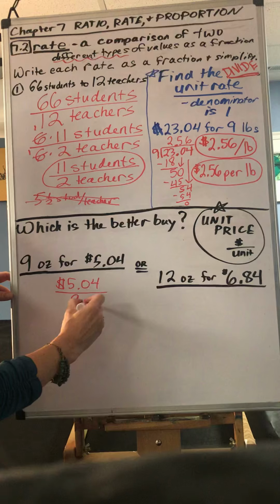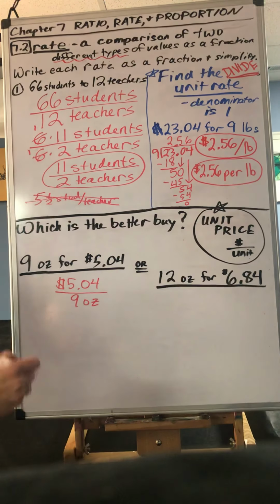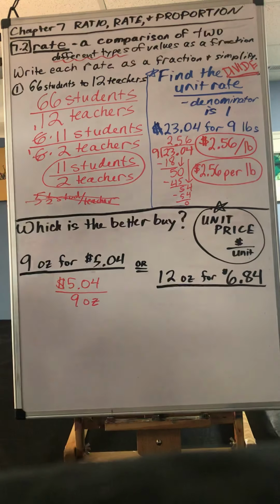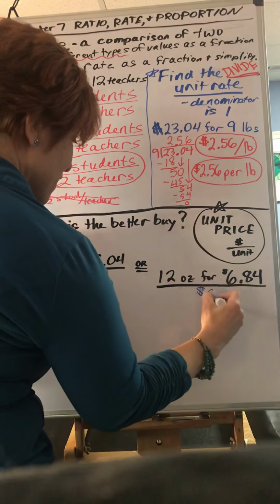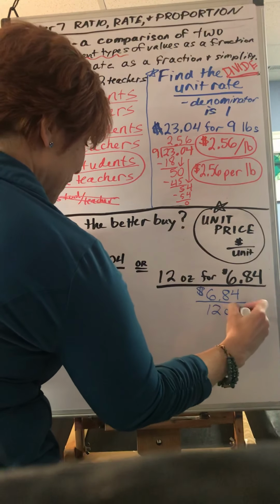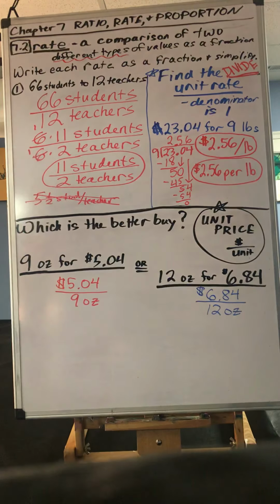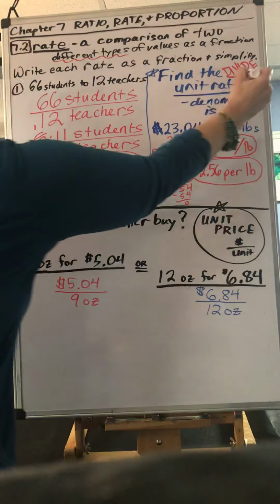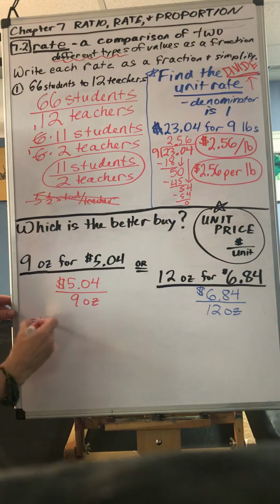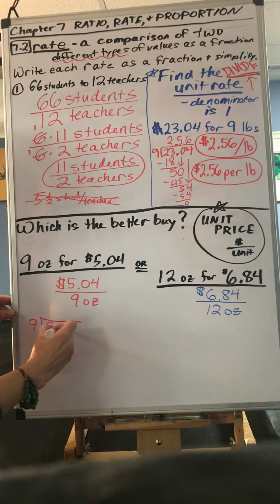Units are 9 ounces. Whereas over here, the cost is $6.84, and that would be 12 ounces as the units. Now, we can't tell at this point which is the better buy, so we're going to have to divide. So I'm going to divide 9 into 5 and 4/100ths.